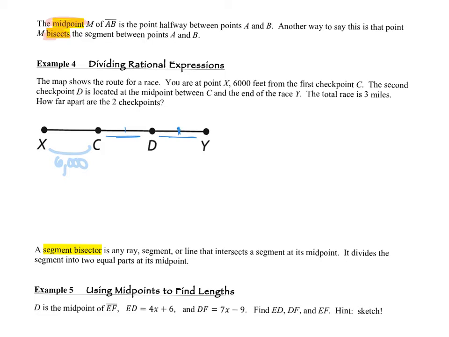It's bisecting. So remember, I can write those congruent pieces with that tick mark. So I know that CD and DY are equal to each other. The total race, this whole race from X to Y, is 3 miles.